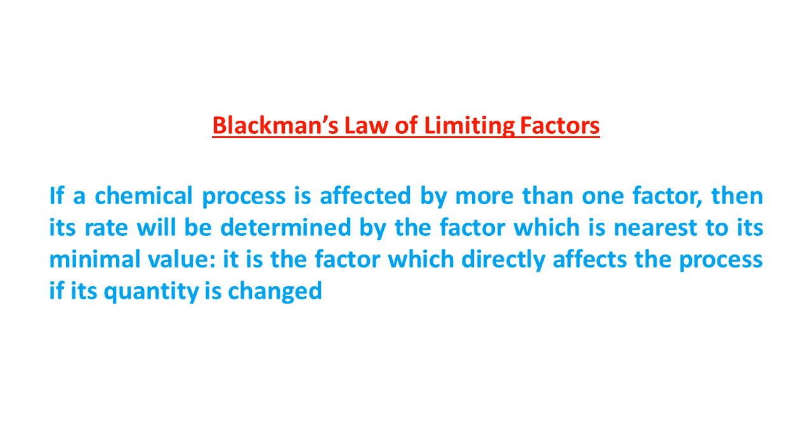The statement proposed as the law of Blackman's limiting factor is: if a chemical process is affected by more than one factor, then its rate will be determined by the factor which is nearest to its minimal value. It is the factor which directly affects the process if its quantity is changed.